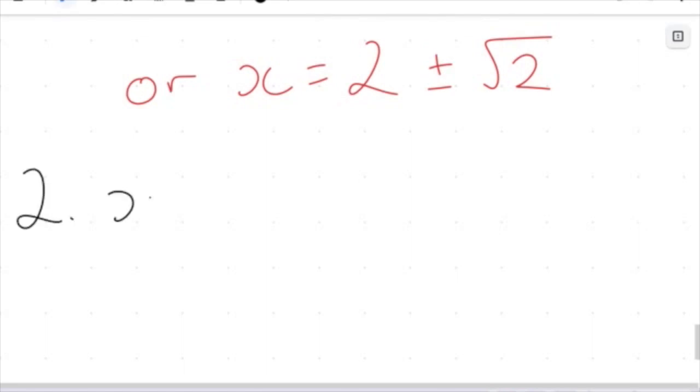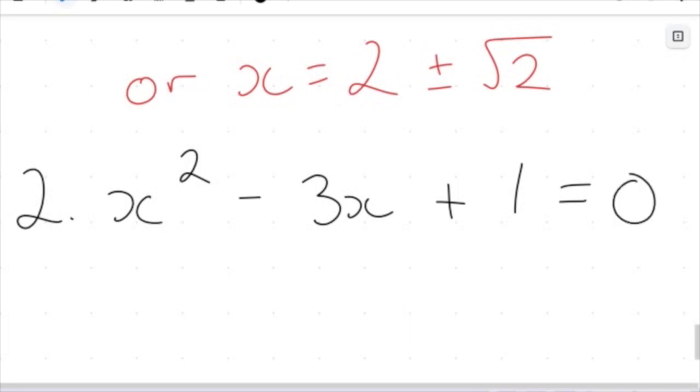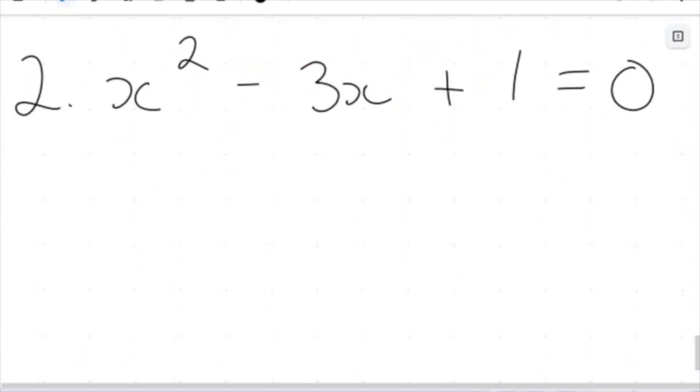Now we have another quadratic equation here with which the left hand side cannot be solved via just PSF, because there is no way that two factors of 1, so 1 and 1, or -1 and -1, are going to add to give me -3. So we have to use completing the square.